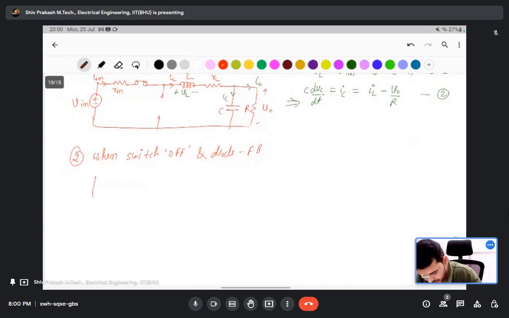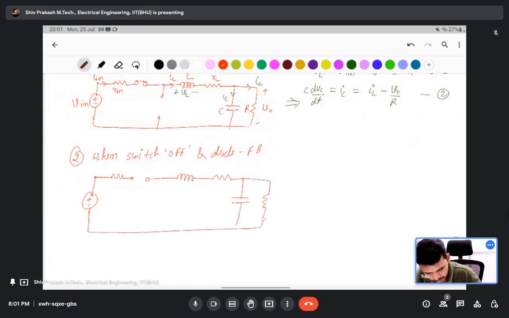See here, this one is open circuited. This one C, R, RL, L, IL, this one diode, VL.